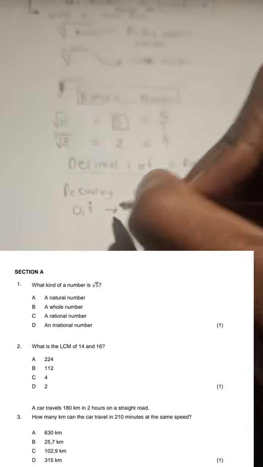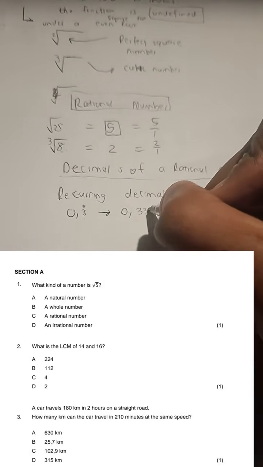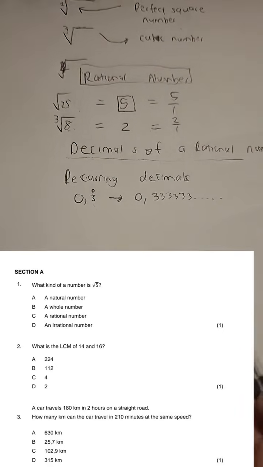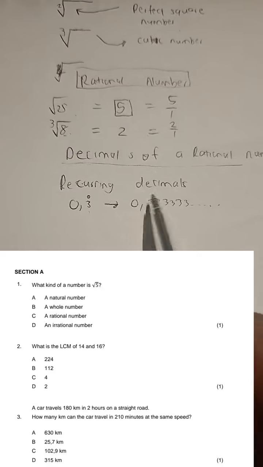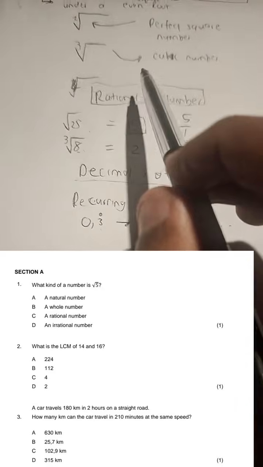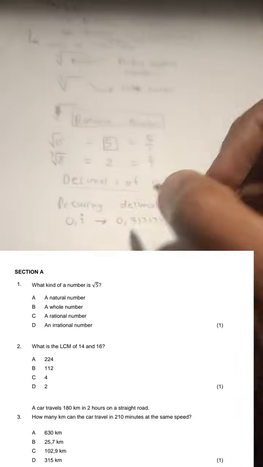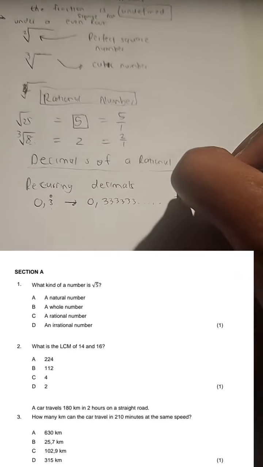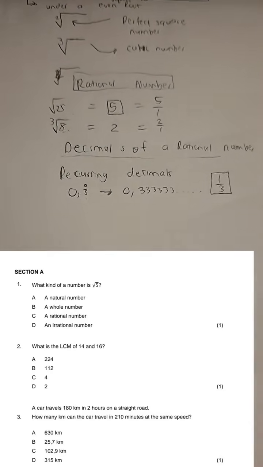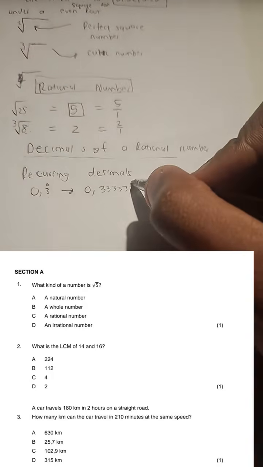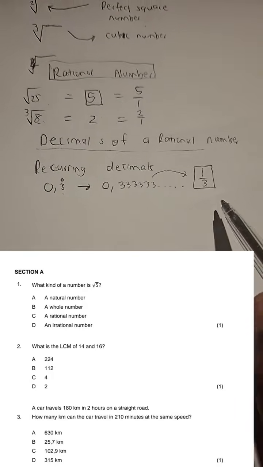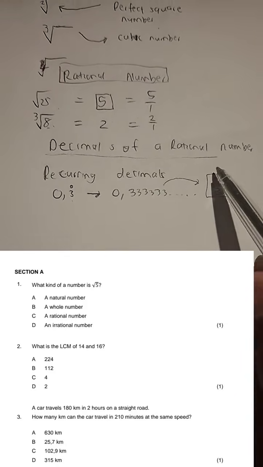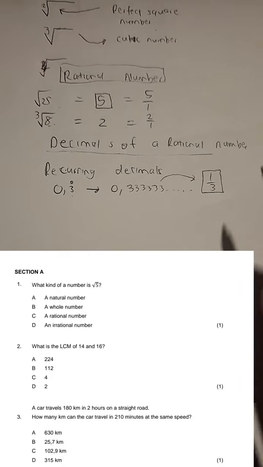What does this mean? This means your 3 repeats infinitely. That's what it means. This recurring decimal is an example of a rational number, because this 0.333 can be written as 1 over 3. And there is a way to convert recurring decimals into rational fractions, where the numerator and the denominator are both integers.